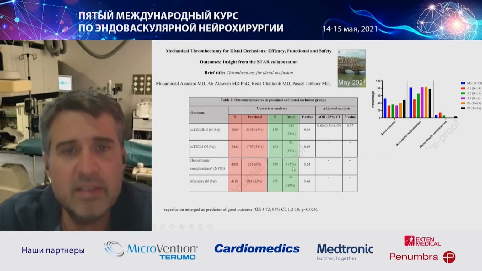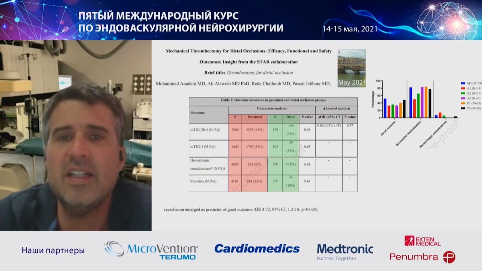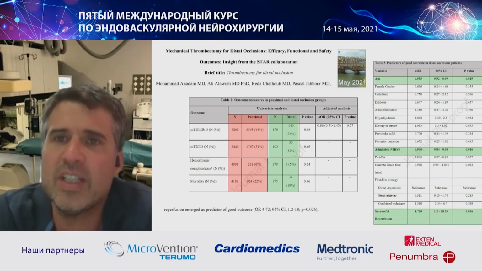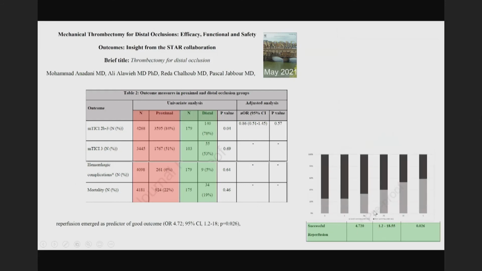So you can perform these thrombectomies safely in very distal segments, and here you can see the predictors of good outcome. Of course, age and NIH as always, but also successful reperfusion. In distal occlusions, if you reperfuse, you're going to have better outcomes. Here you can see the higher your TICI score, the higher your chance to have a good outcome.